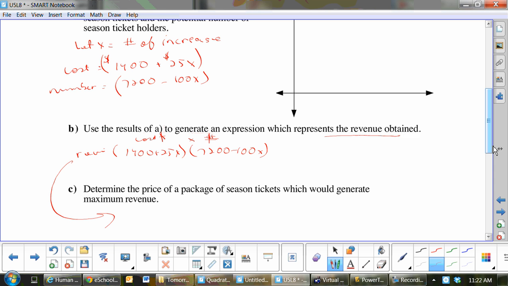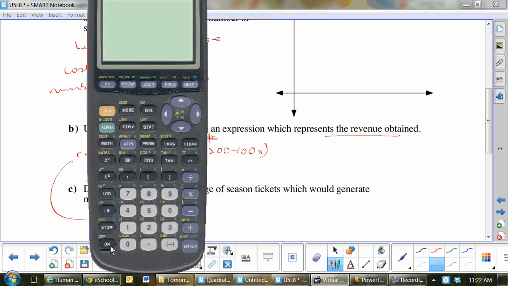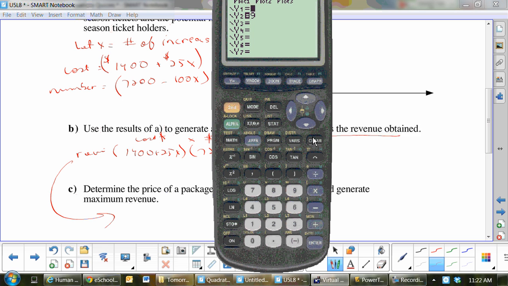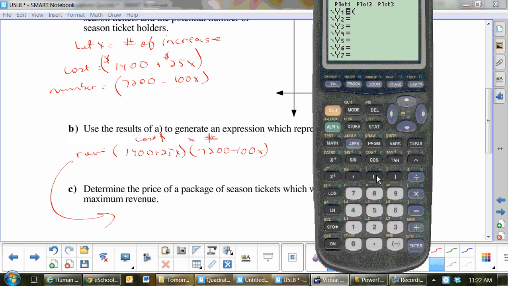But let's put this into our calculator. Okay, so let's go y equals, we're going to clear that. So just like it is, right? 1,400 plus 25x, make sure you do it in brackets, times 7,200 minus 100x.